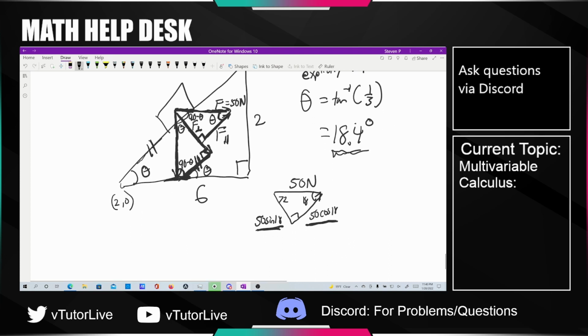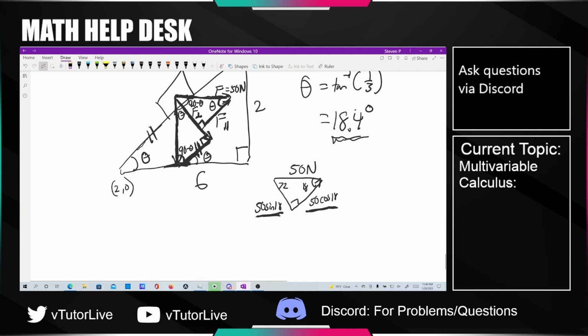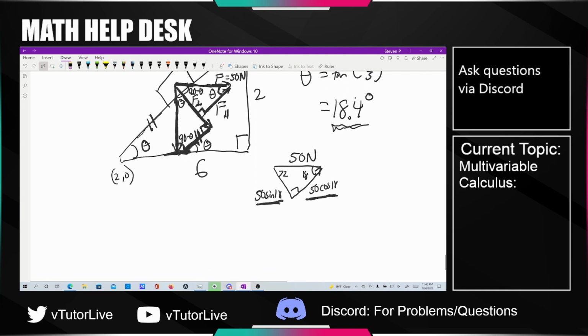So that's the intro physics kind of way to do it. We could totally do this problem via projection if we wanted to, now that I think about it. If we really wanted to project it, we would project F onto the parallel vector. What do we want to call that?